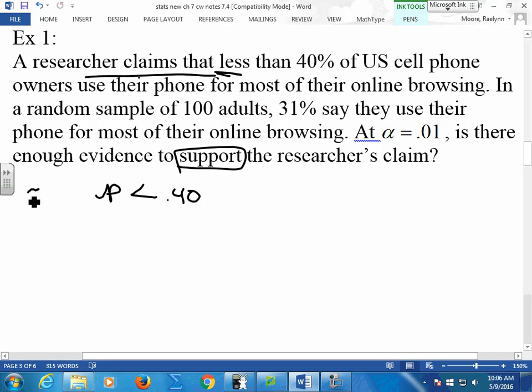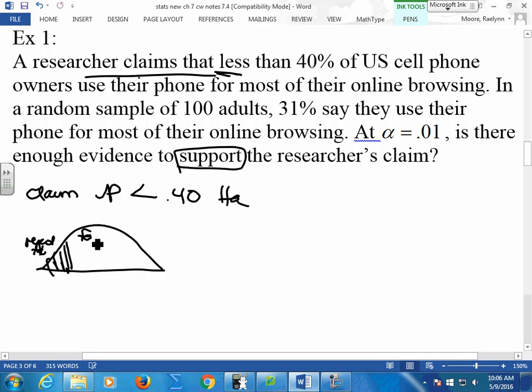So we said this is the claim, and we identified this as the HA. So which way does the tail go? To the left. The tail is going to go to the left. And the rest is going to fall into place. We can label this reject H0. We can label this fail to reject H0.